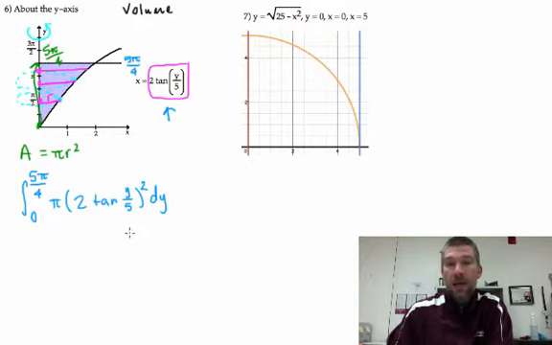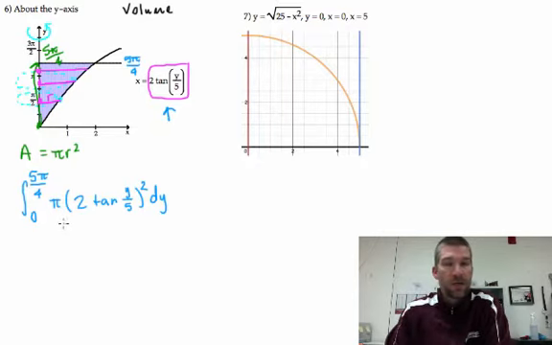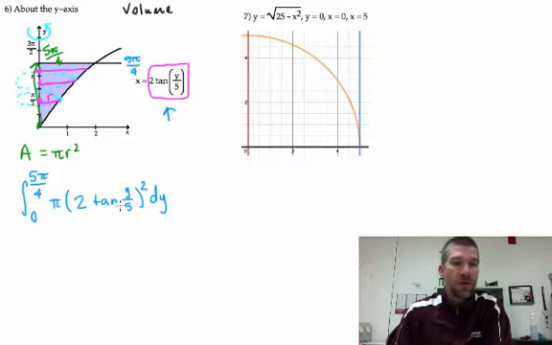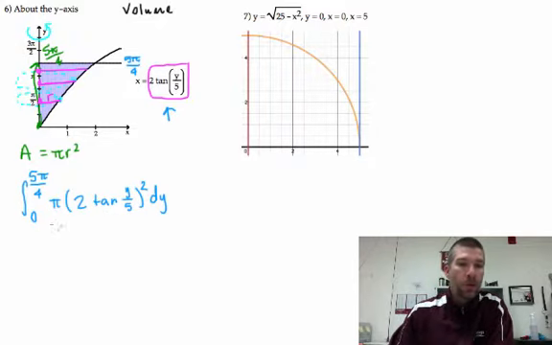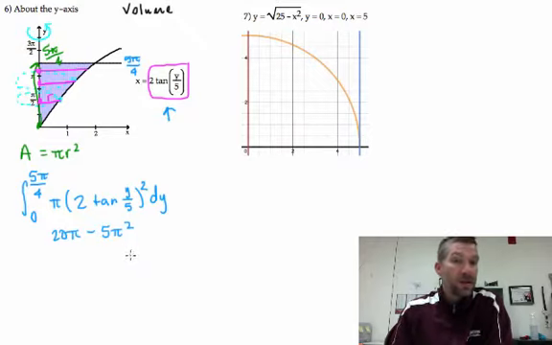My kids can use a calculator to help them with this. If you're not one of my kids and your professor or teacher has asked you to show all your work, then you need to do that. This isn't too difficult to integrate. Tangent would just need to be rewritten as sine over cosine, and then you'll have a little u substitution, which shouldn't be too bad at all. When you get done, if you're looking for that exact answer, the exact answer on this one would be 20 pi minus 5 pi squared, if you have to have an exact answer.